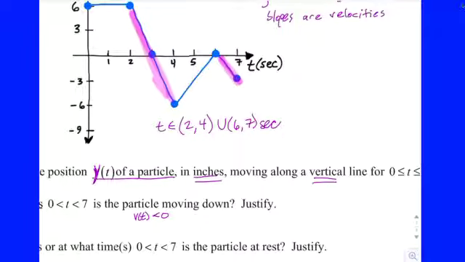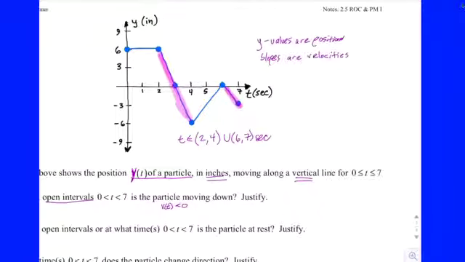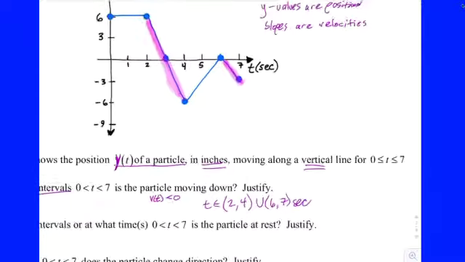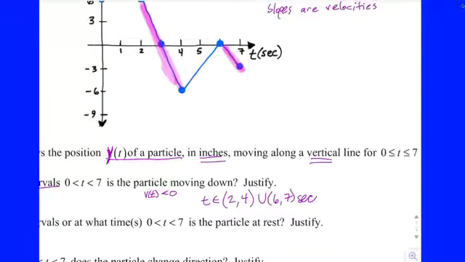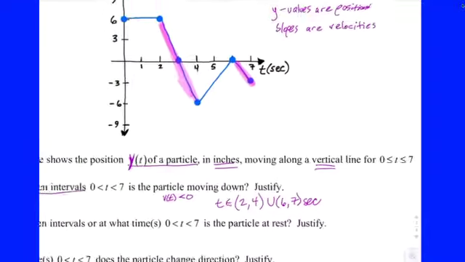Is everyone okay with that? Because it said open intervals, we don't have to worry about putting brackets at all. We'll just do what they say, because some professors put brackets around their intervals. But we're going to do open intervals.